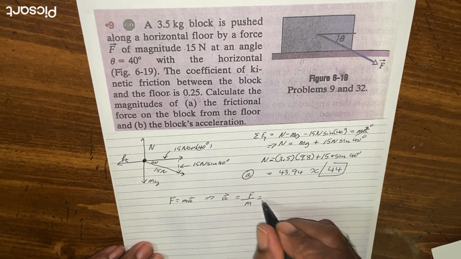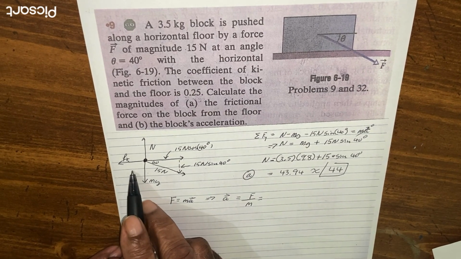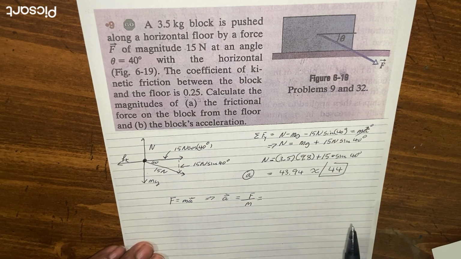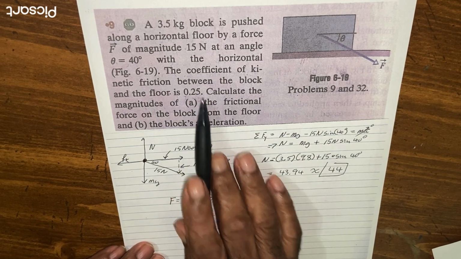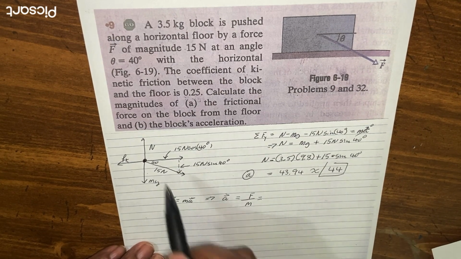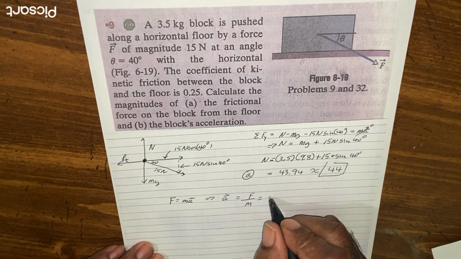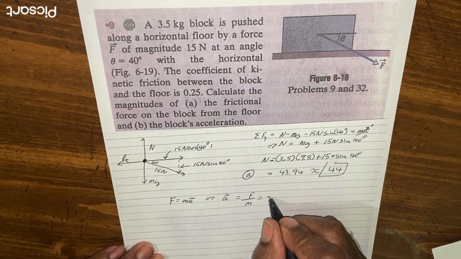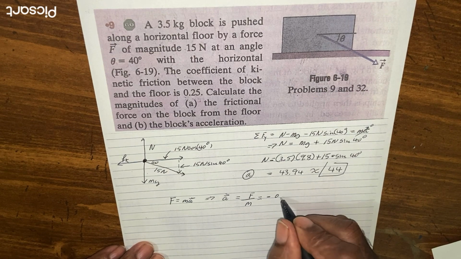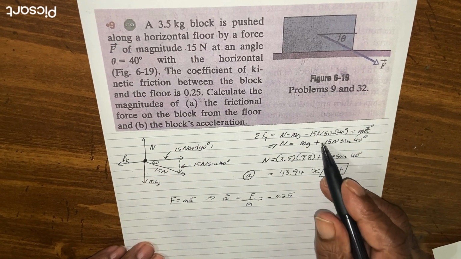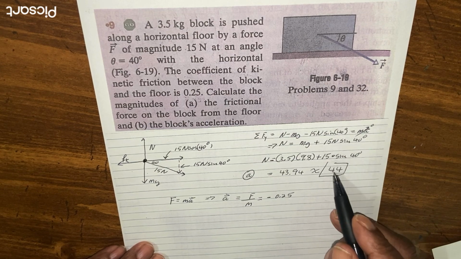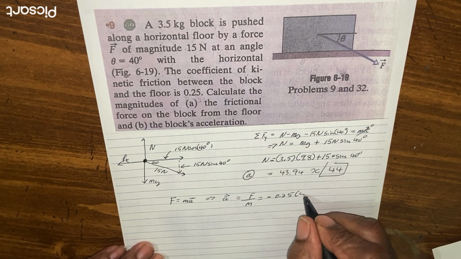And this is going to equal, well, we have F_k, which is mu times N. And we know mu is 0.25. So we have minus 0.25, that's F_k, times N, which we just solved, of 44.